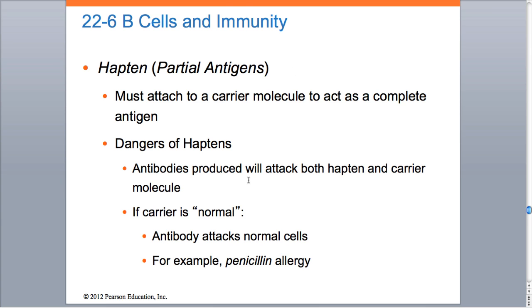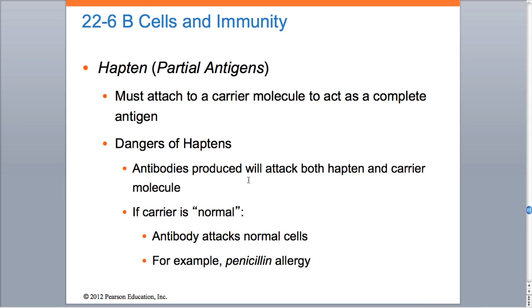Now, the terms hapten and epitopes are on page 794, so that's an important page to look at. They talk about haptens and epitopes. You could say that a hapten is a portion of an antigen.